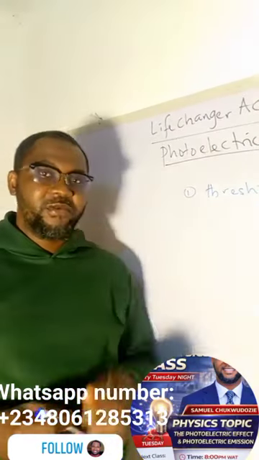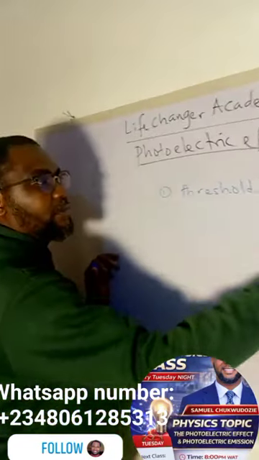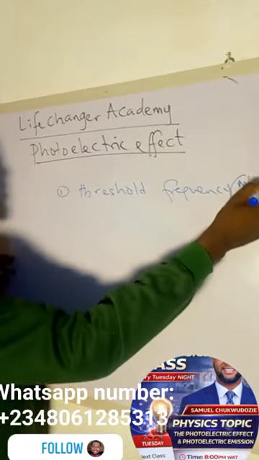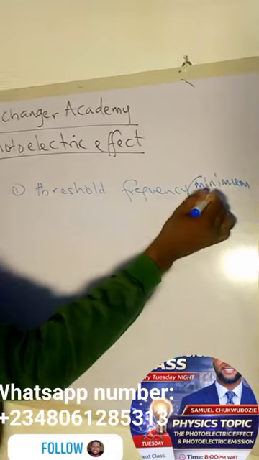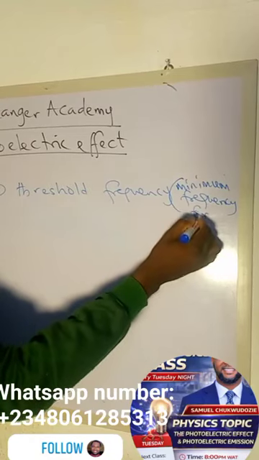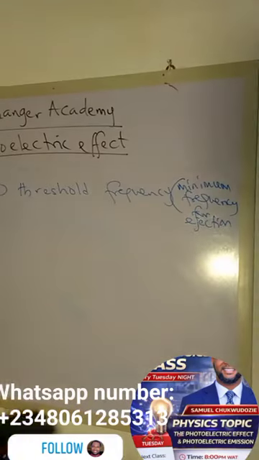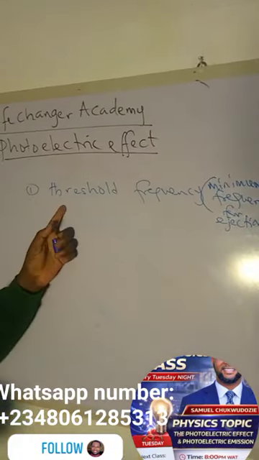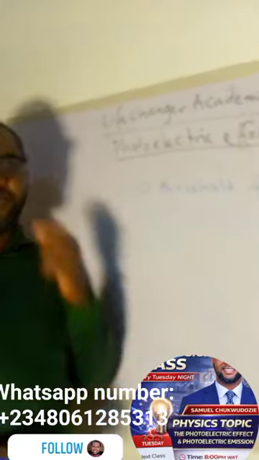We call that threshold frequency. So you can put in bracket: the minimum frequency for ejection. So the light must have a threshold frequency.